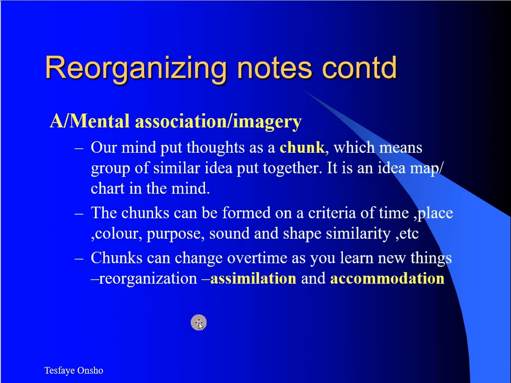One of the mental processes we talked about is chunking: putting similar information into one central idea, creating a map, a chart in the mind. Chunking is putting similar or related information together to make a larger, wider, deeper idea or knowledge.